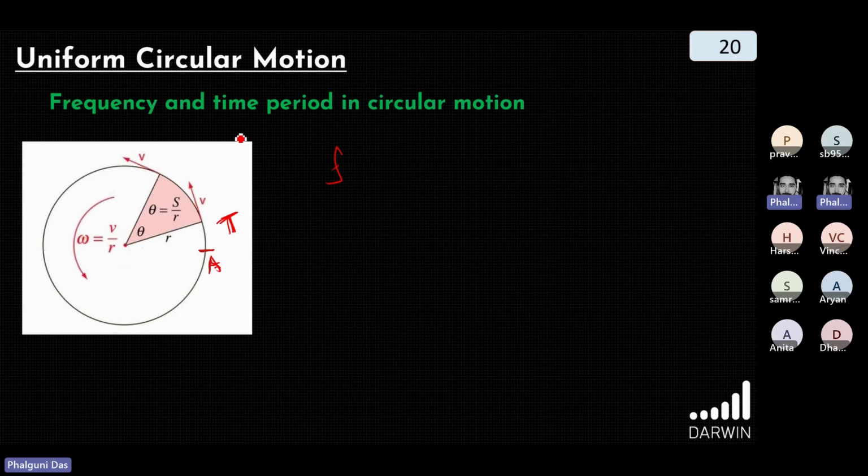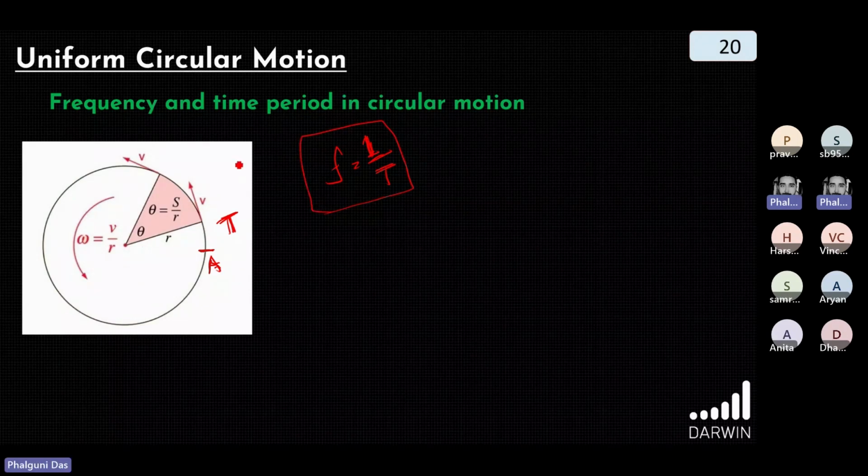So just by intuition, you can tell f is equal to 1 by T. They are kind of opposite. So this is the relation: frequency and time period are related as f = 1/T.